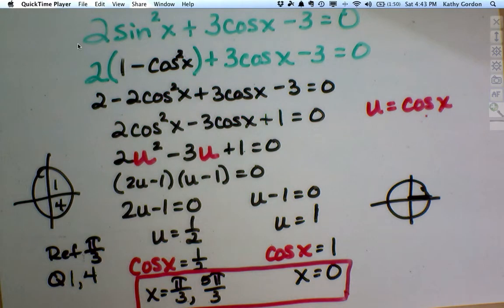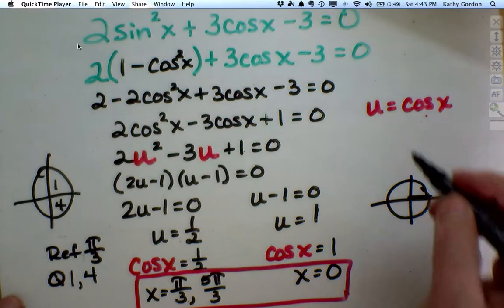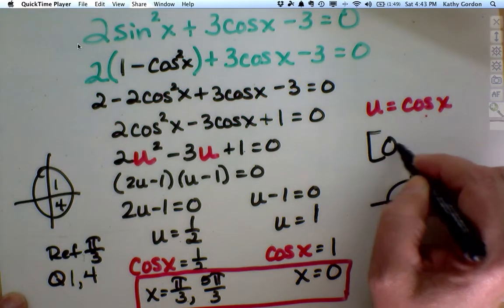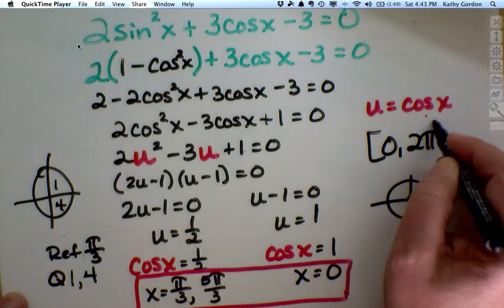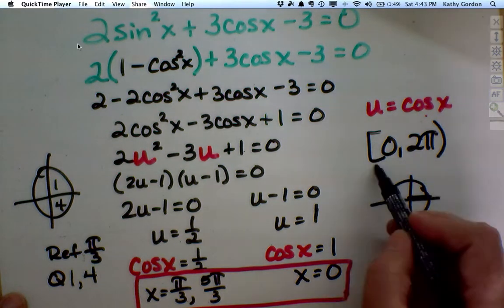And when you do the problems on the worksheet in your booklet, I don't remember if it says for sure or not, but I do want you to do all of your problems by finding solutions on the interval from 0 to 2 pi.